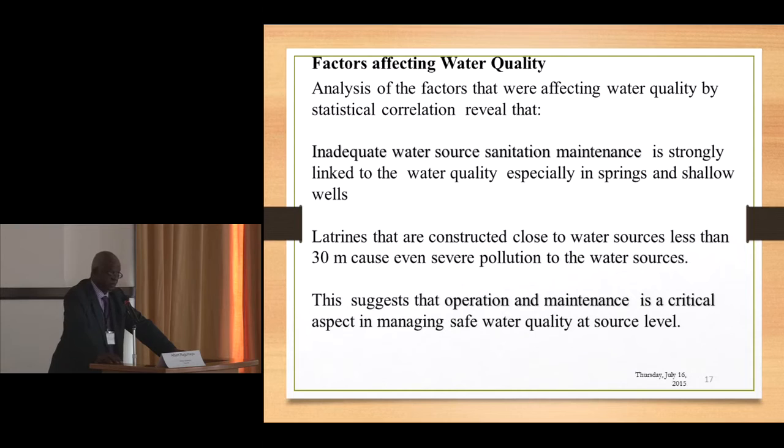The factors we observed that were determining the quality of water were maintenance of the source and presence of latrines nearby, and this showed a very important aspect with respect to maintenance of water.